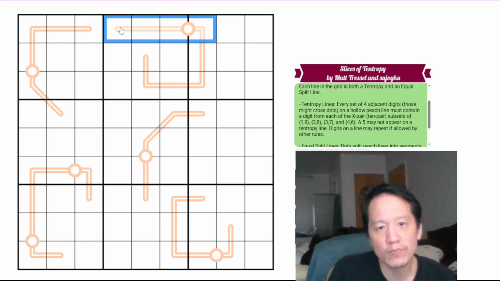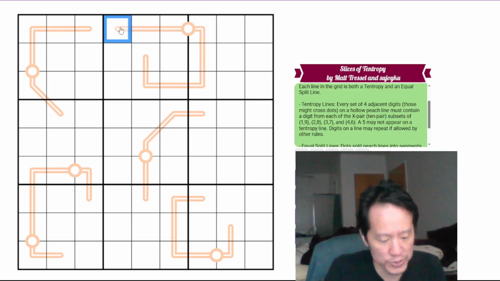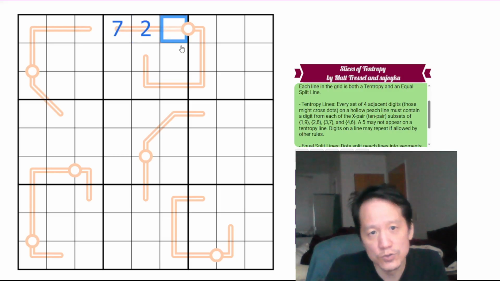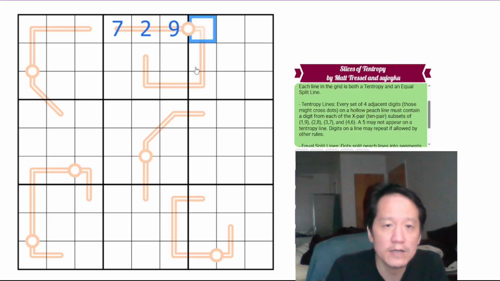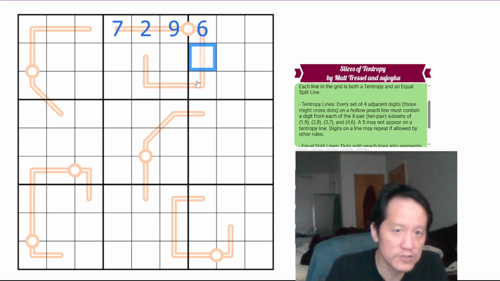So you could have as an example something like 7, 2, 9, 6.